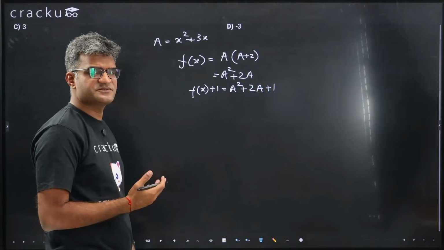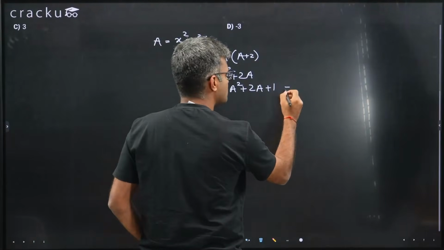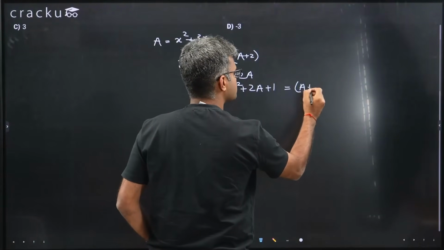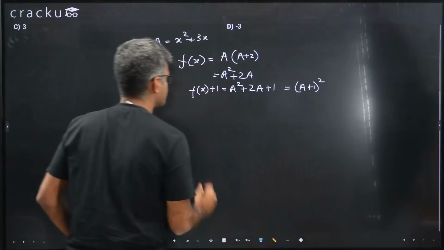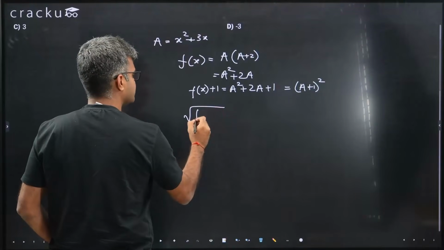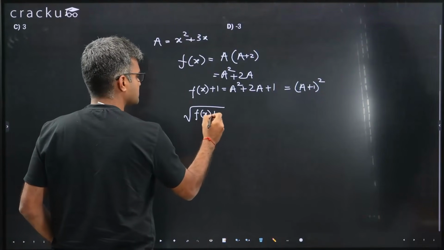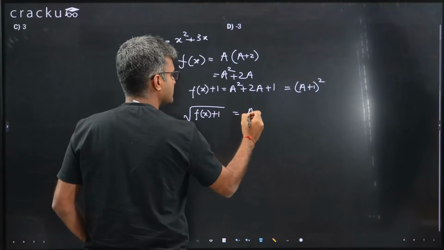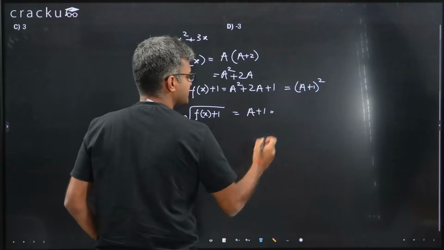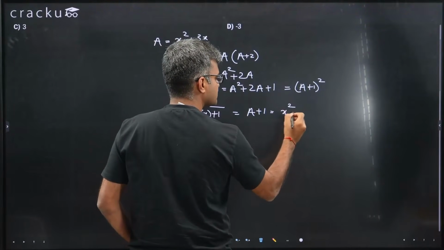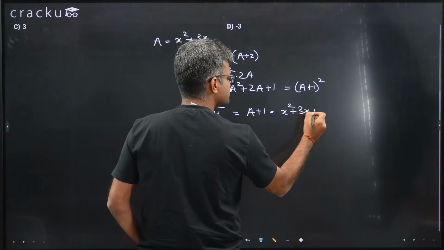But we know what is a square plus 2a plus 1. This is equal to a plus 1 whole square. So square root of f of x plus 1 is simply equal to a plus 1, which is again equal to just x square plus 3x plus 1.